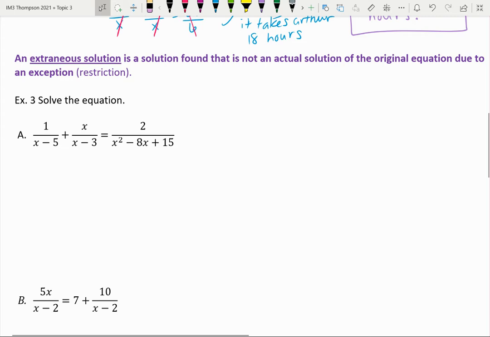So example 3, solve the equation 1 divided by x minus 5 plus x divided by x minus 3 equals 2 divided by x squared minus 8x plus 15. Before finding and identifying the least common denominator, I'm going to want to factor all my denominators to make sure that I have all the pieces.